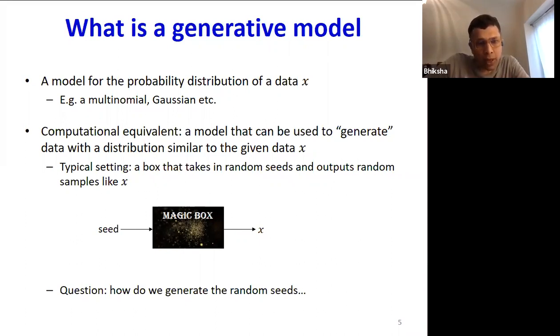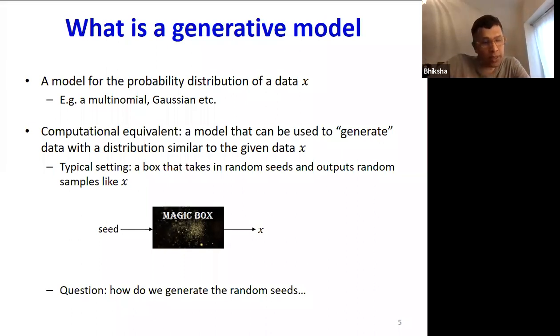A generative model is a model for the probability distribution of some data, like a multinomial distribution. That is a generative model, or a Gaussian. From a computational perspective, you can think of a generative model as a box which, when poked with some random seed, will generate data.